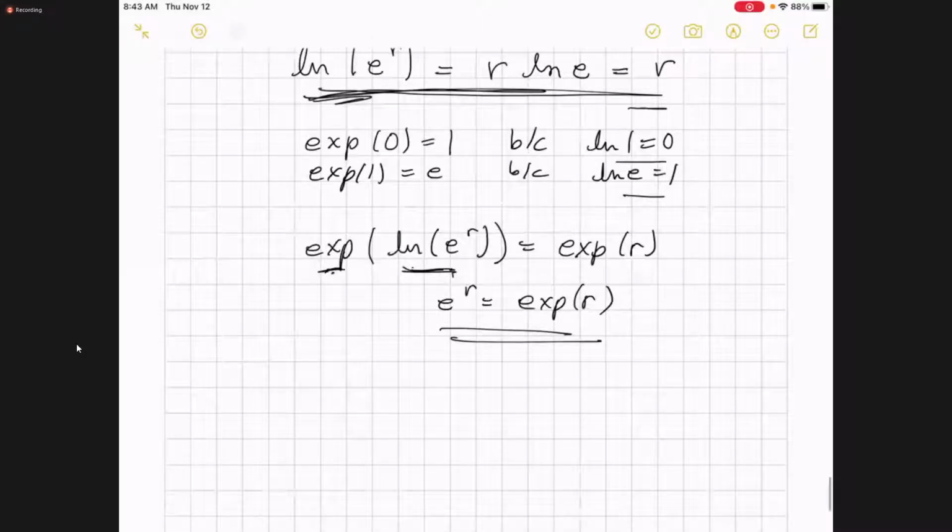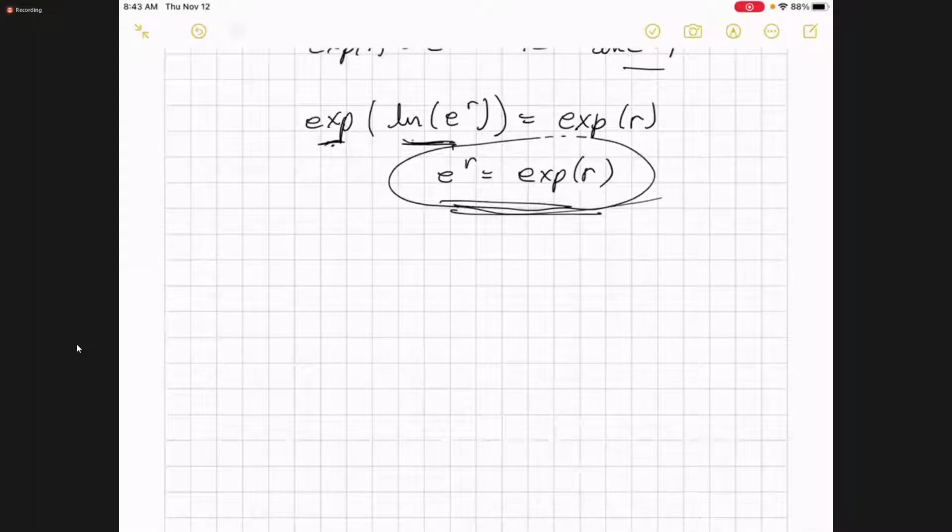So the inverse of the natural log function is the function e raised to a power. That's kind of wild. And you'll usually, yeah, the exponential function, you'll either see it written this way or we'll also write it this way, okay?